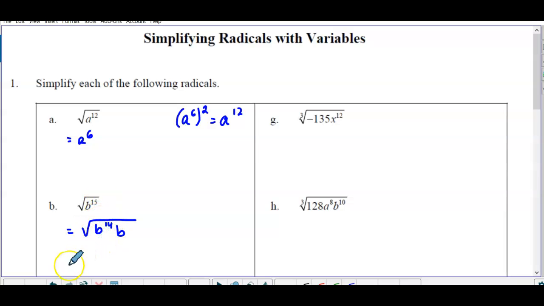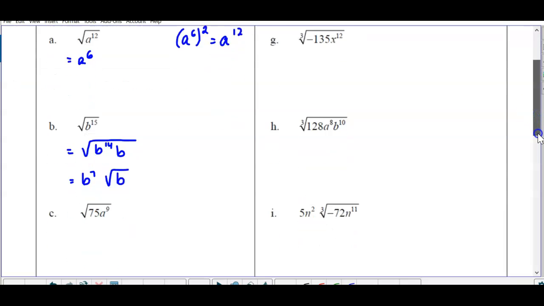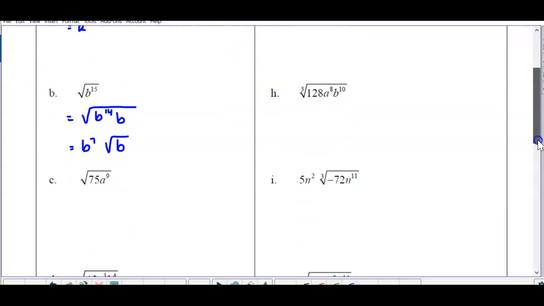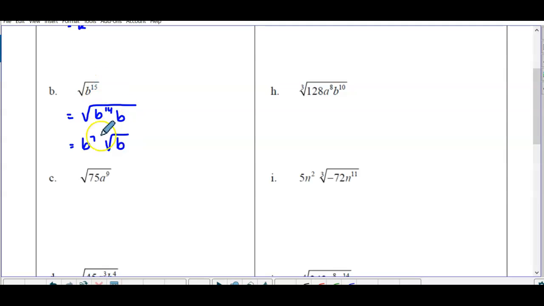Square root of b to the 14 is b to the 7. And then you're left with square root of b. In this case, b would have to be positive in order to evaluate this. So we're kind of going downwards, and then we'll go to the right-hand column in a few minutes.